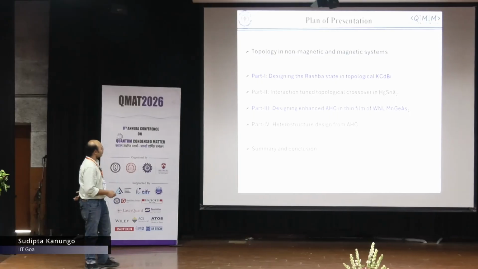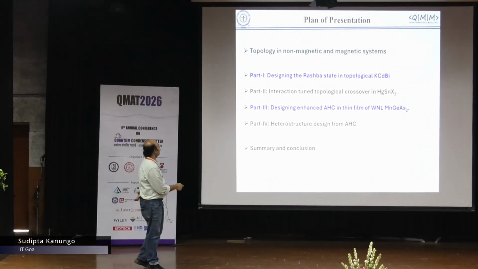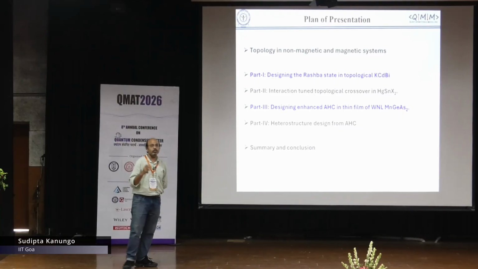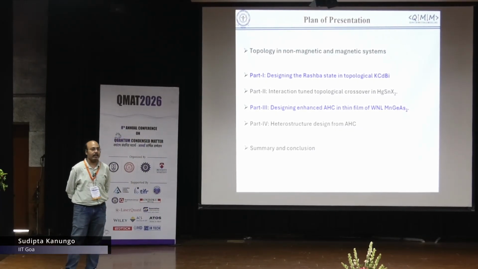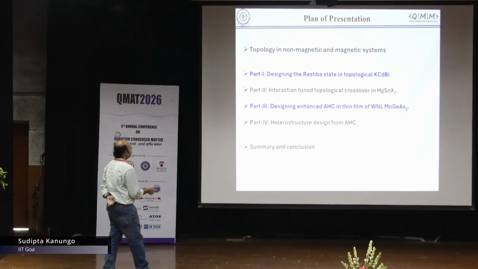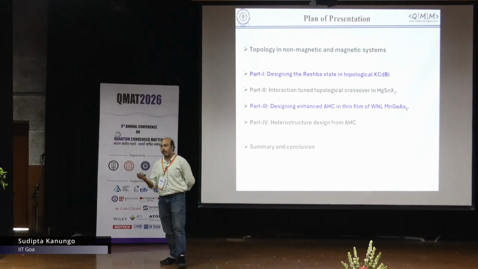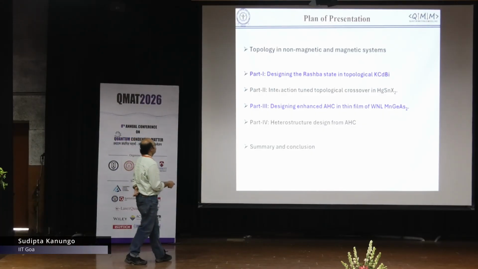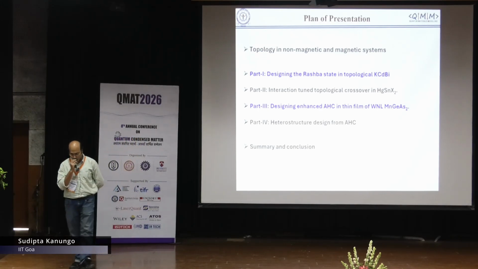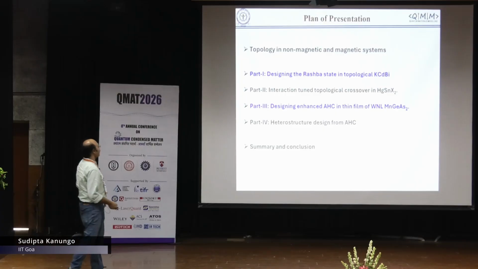Technically, I classify the designing part of topology into two sectors: non-magnetic topological phases, and magnetic cases where I have broken time reversal symmetry. We classify this into four different ways to design topological phases.